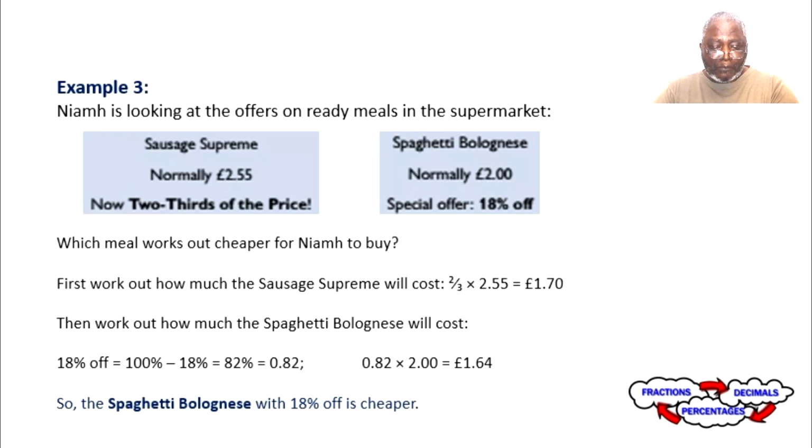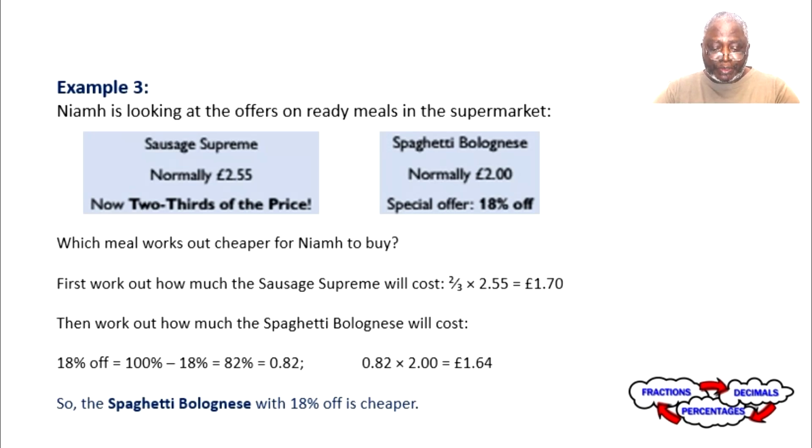First, work out how much the sausage supreme will cost. So 2/3 of £2.55 is £1.70. Then work out how much the spaghetti bolognese will cost. That is 18% off, which is 100% minus 18%, and you'll have 82%.